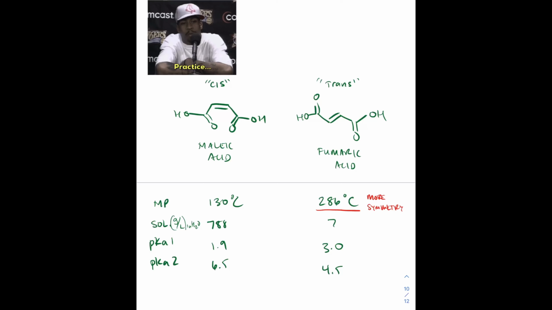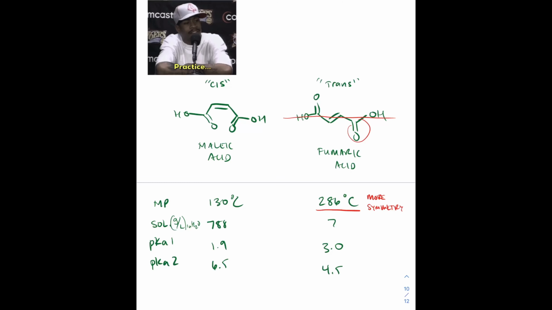However, this one is more symmetrical in that we have hydrogens going along this way. If we were to cut it in that plane, we have hydrogens on one side and then the carboxylic acid on the other side. Whereas if we were cutting through here, it's more or less the same thing on either side, right?